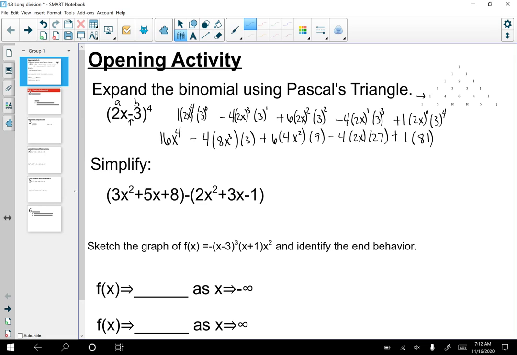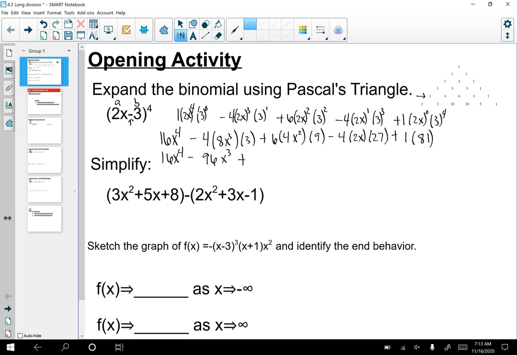I'm going to go through and simplify this even more. 16x to the fourth minus, here I have 4 times 8 times 3 gives me 96. Right? 4 times 8 is 32 times 3 gives me the 96, x cubed, plus 6 times 4 is 24.